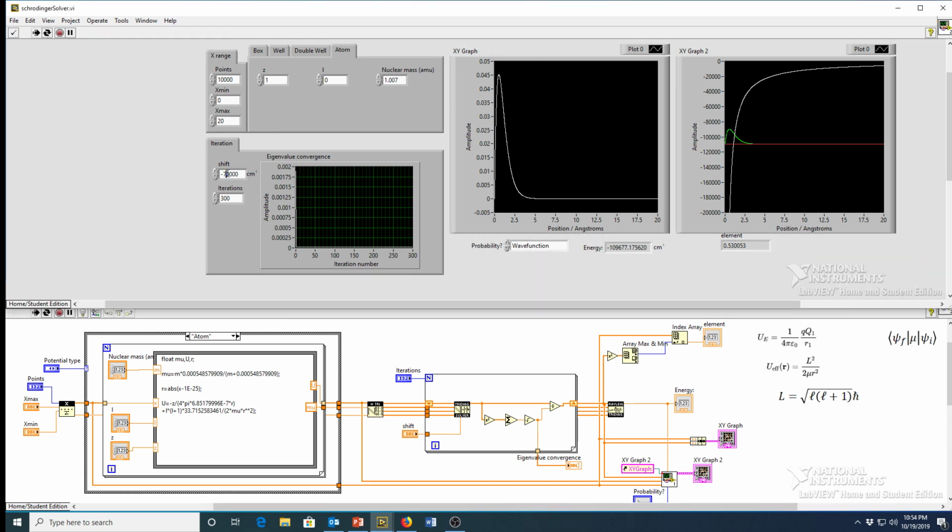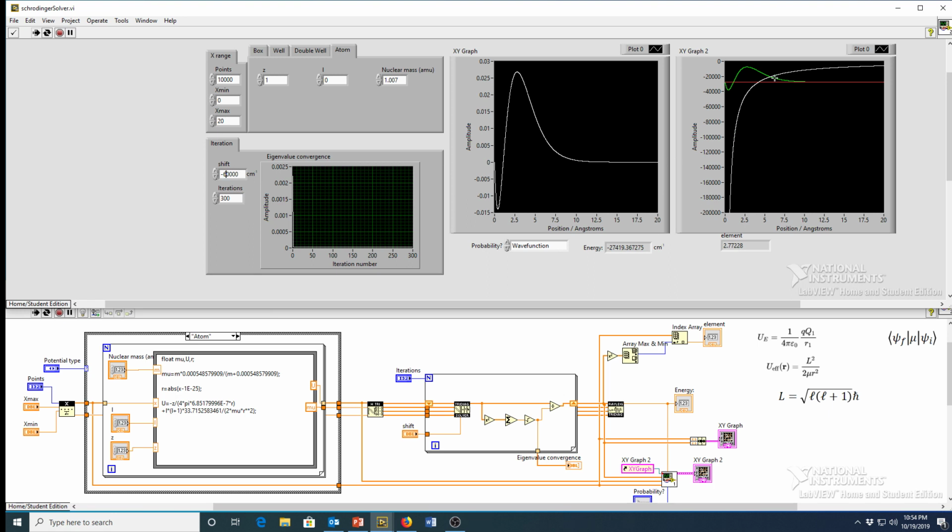And let's go back to our 2s orbital, because if you remember from freshman chemistry, the 2p orbital for hydrogen specifically, or for one electron atom specifically, has the same energy as the 2s orbital, because the energy is only dependent on the n quantum number unless you have electron-electron interactions. So boom, there we go.